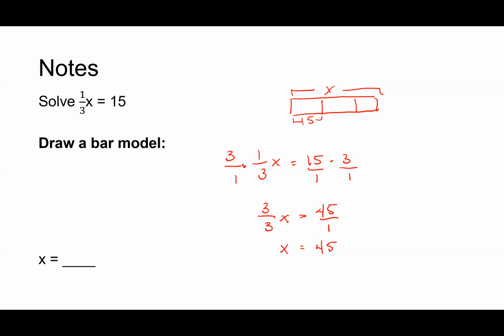Okay, is that step confusing anybody, using the reciprocal? Mira? Why would it be 3 times? Oh, how did I get there? Okay, because I multiplied fractions. So I multiplied 3 times 1. And so when I multiply fractions, I multiply numerators and denominators. Okay. I thought it was confused by the 15 times 3.